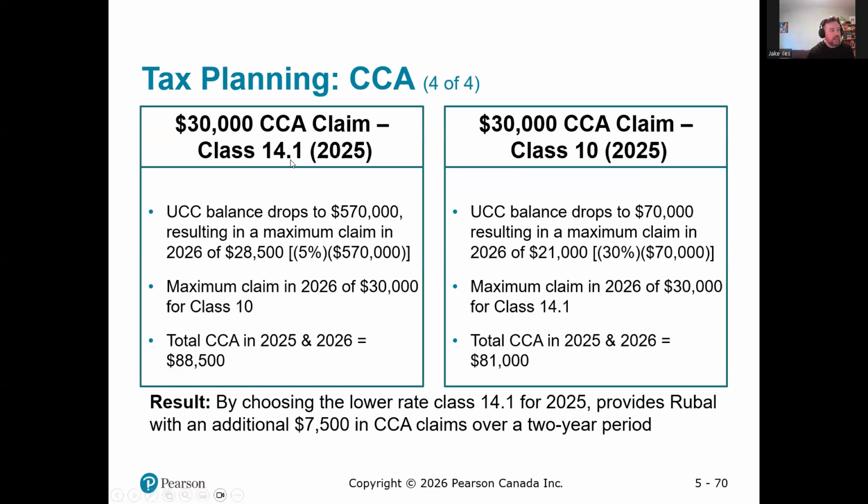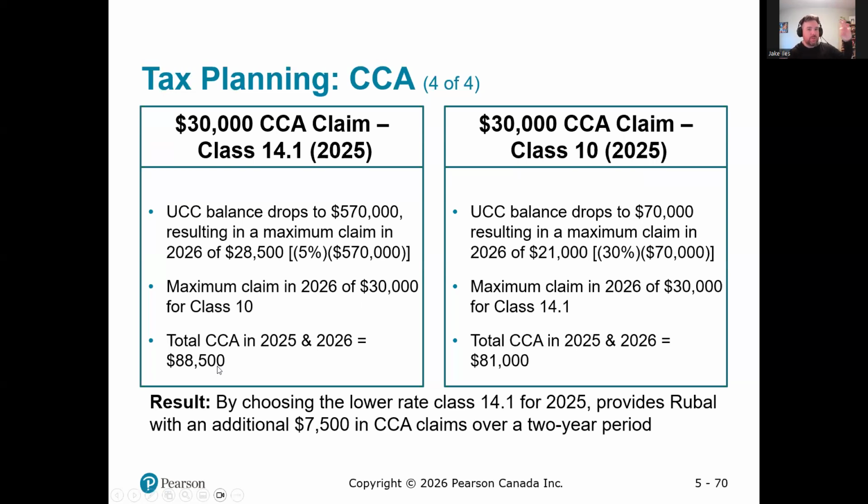So if he takes the claim from 14.1, the UCC balance drops to 570,000, so next year he can still claim 28,500. The maximum claim in 2026 for class 10 stays the same at 30,000. So his total CCA between the 2 years is $88,500.